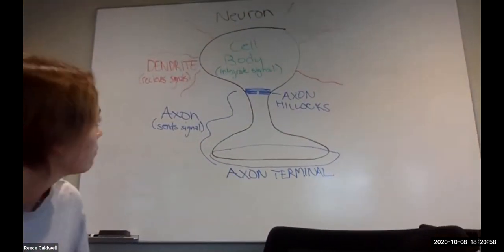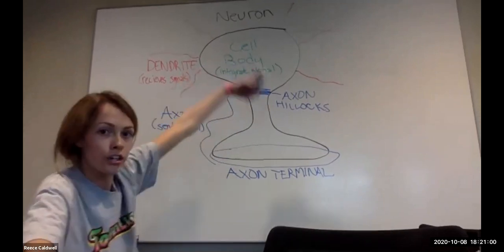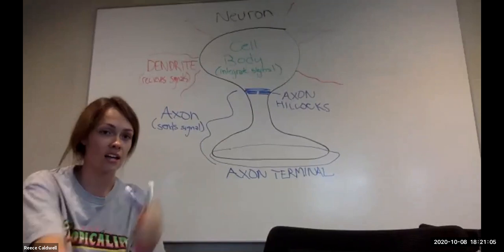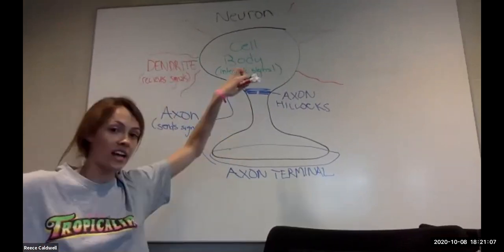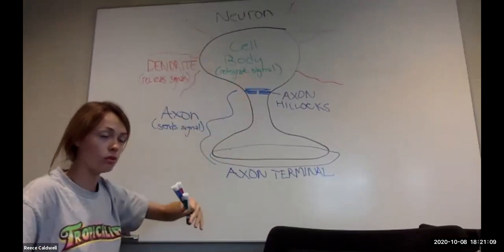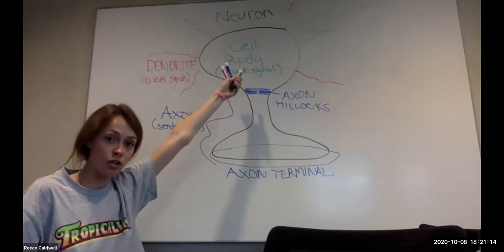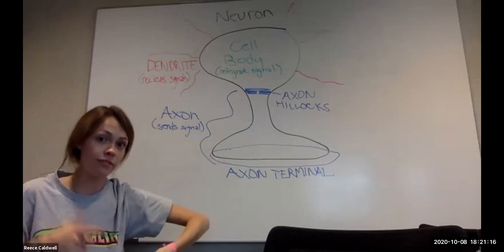So one more time, this is our neuron. We have three major parts: the dendrite, the cell body, and the axon. The dendrites are branches that will receive the signal. That signal will be sent to the cell body where it'll be integrated. We'll decide if it's strong enough.